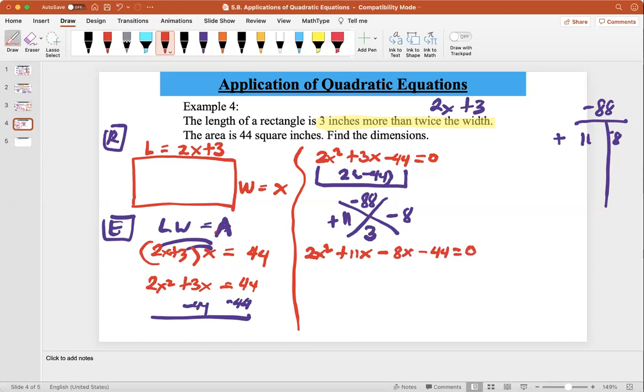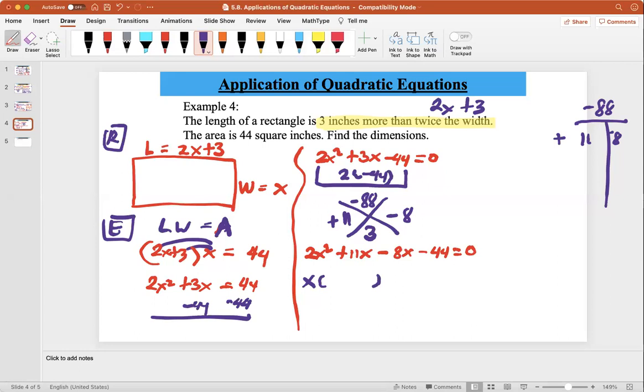What's the GCF of 2x squared plus 11x? The GCF of 2 and 11 is 1, you don't have to write that. Of x squared and x, the smaller power, x, is the GCF.